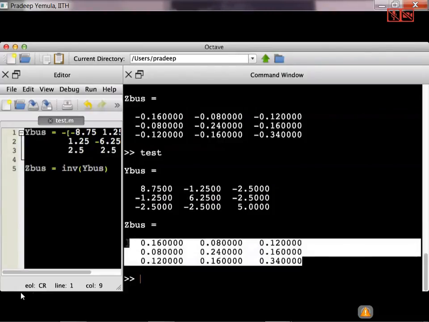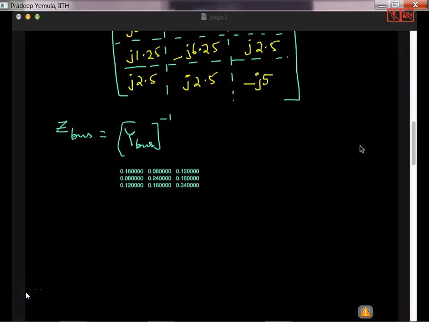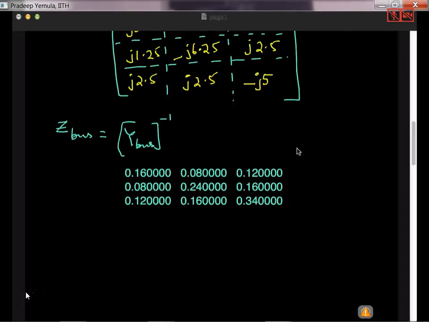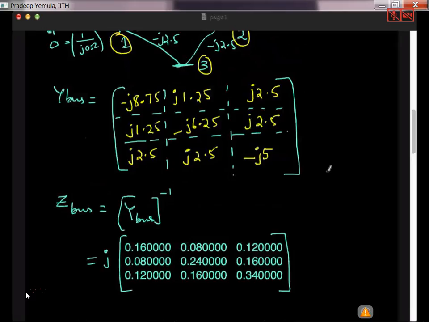So this one, let me copy it. So Z bus is nothing but J into this entire matrix. So this is the first method of finding the Z bus.